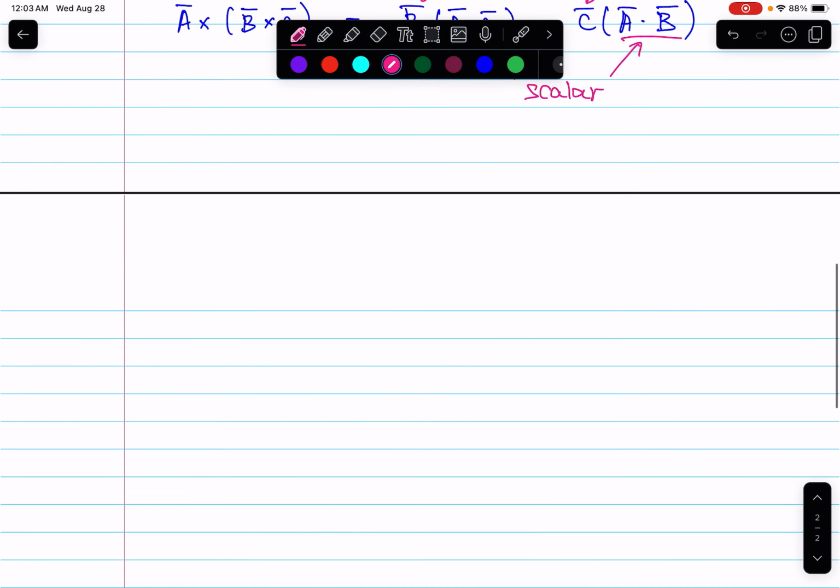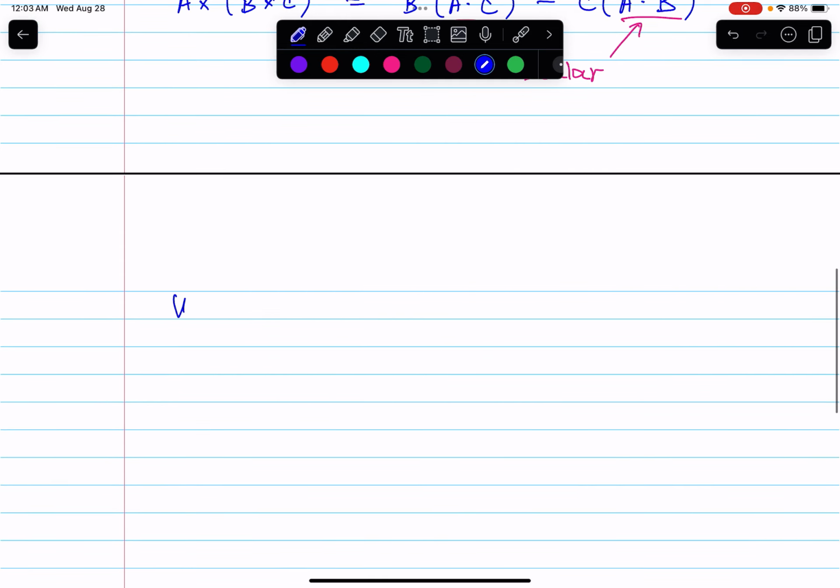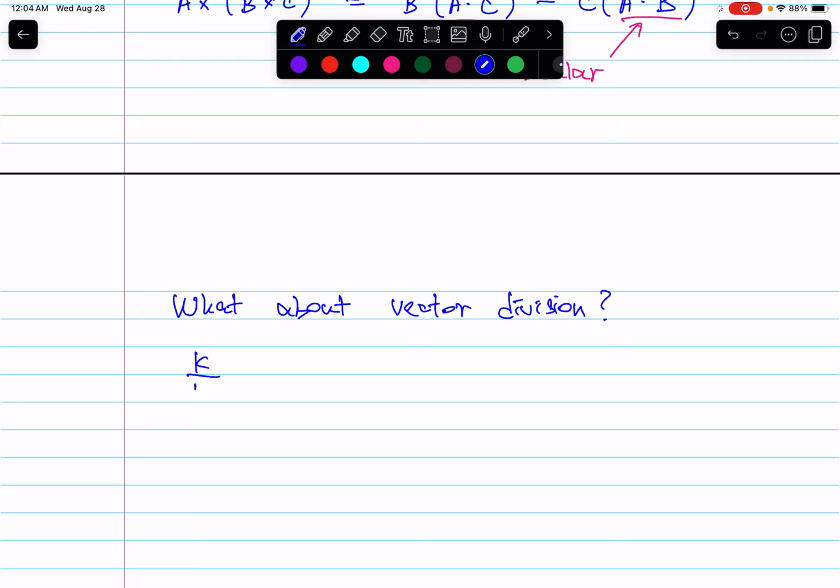Now you might be wondering, what about the division by a vector? Okay, what about vector division? So for instance, vector division can look something like this.